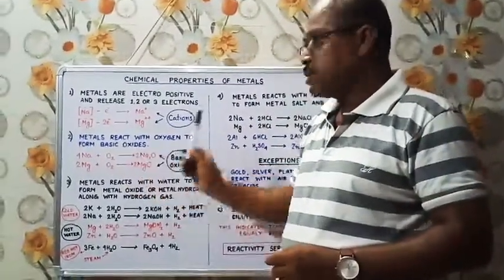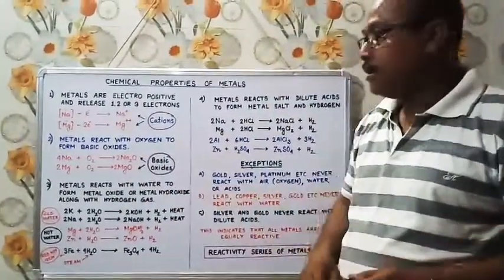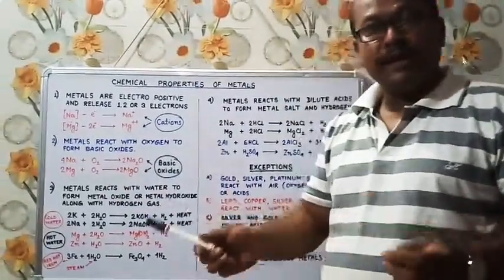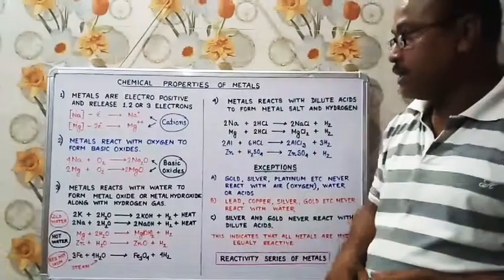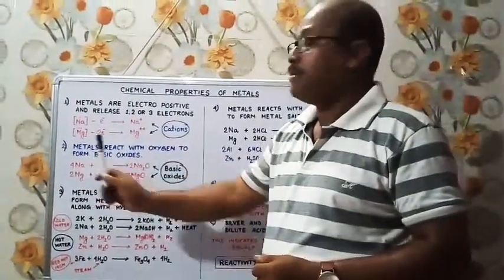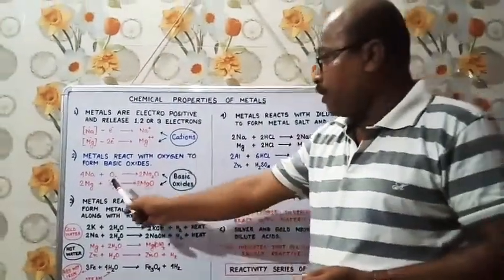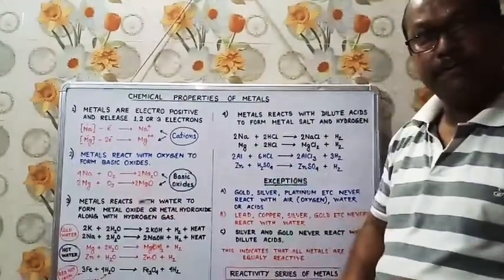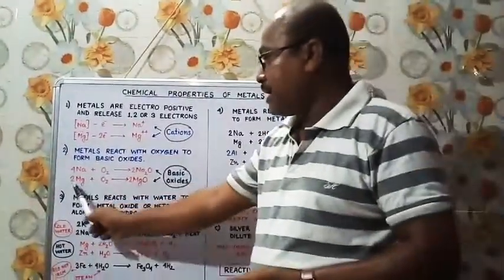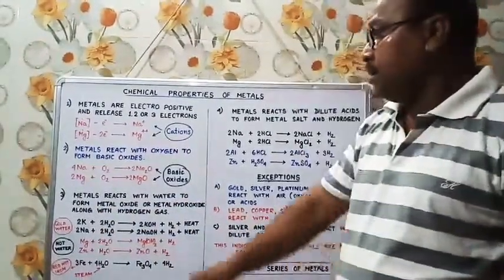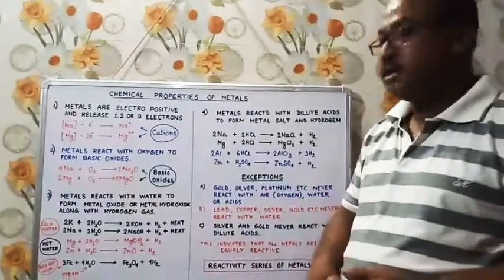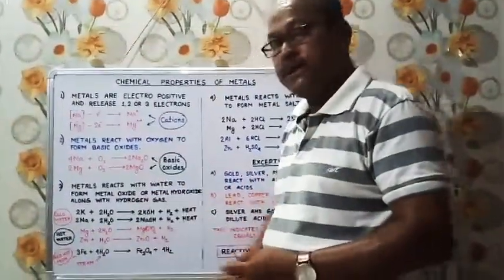Metals react with oxygen, meaning air, to form basic oxides. So metallic oxides are basic oxides. For example, sodium is a metal and it spontaneously reacts with oxygen to produce sodium oxide. Similarly, magnesium is another metal. It can react with oxygen, which means it bonds with oxygen to produce magnesium oxide.